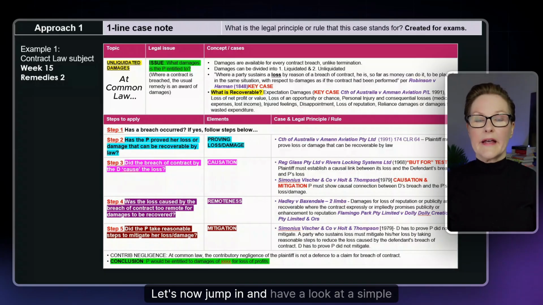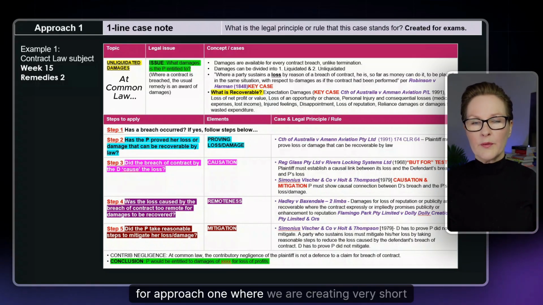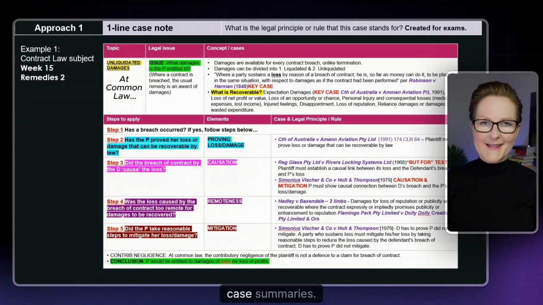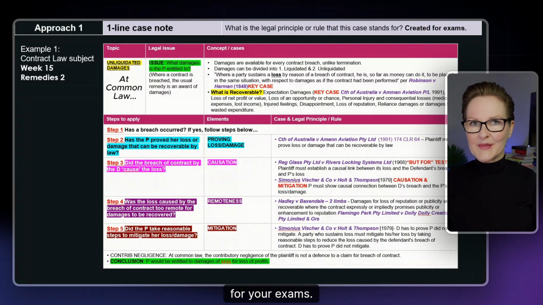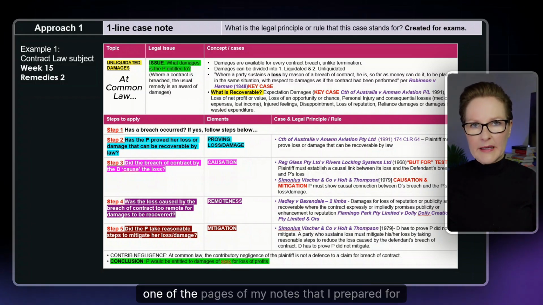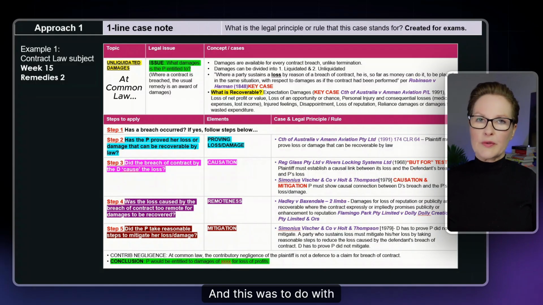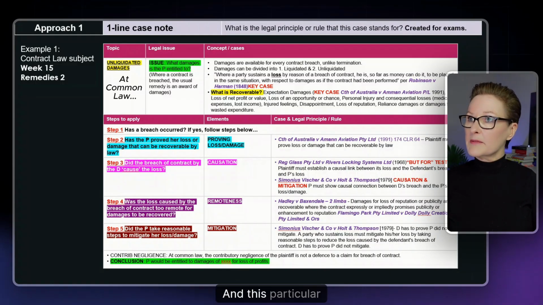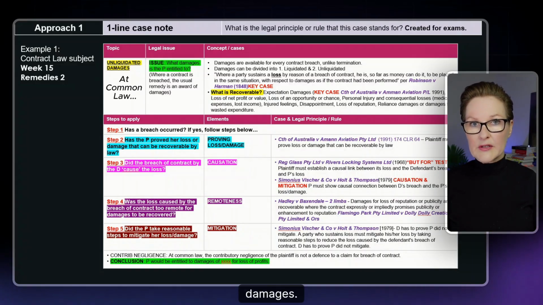Let's now jump in and have a look at a simple example for approach 1, where we are creating very short case summaries. Normally, you will need to do this in preparation for your exams. The example I've got here is one of the pages of notes that I prepared for my contract law exam. This was to do with remedies, and this particular topic is unliquidated damages.